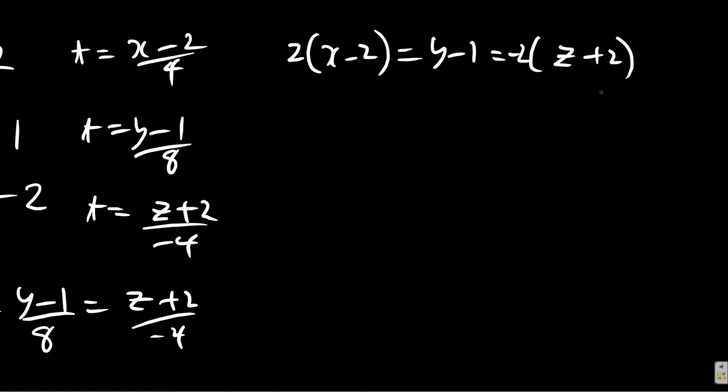Alright, so that's what you'd have there. If you multiply out the brackets, you have 2x minus 4 equals y minus 1 equals negative 2z minus 4. Okay, so there you have the equation of the normal line.